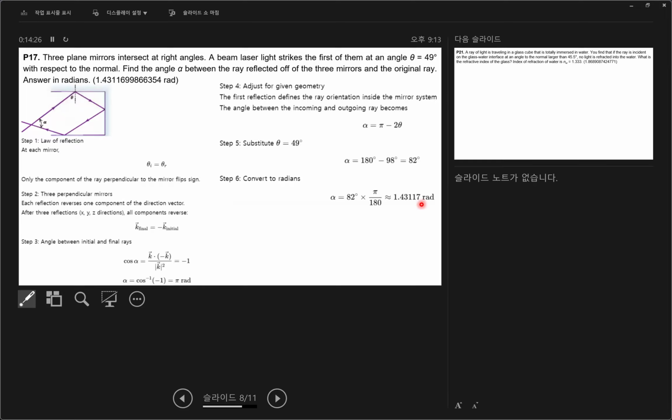What is happening here is that you can trace back and forth and try to identify what the k vector is. And then from the given geometry, you can find alpha like this. Okay.